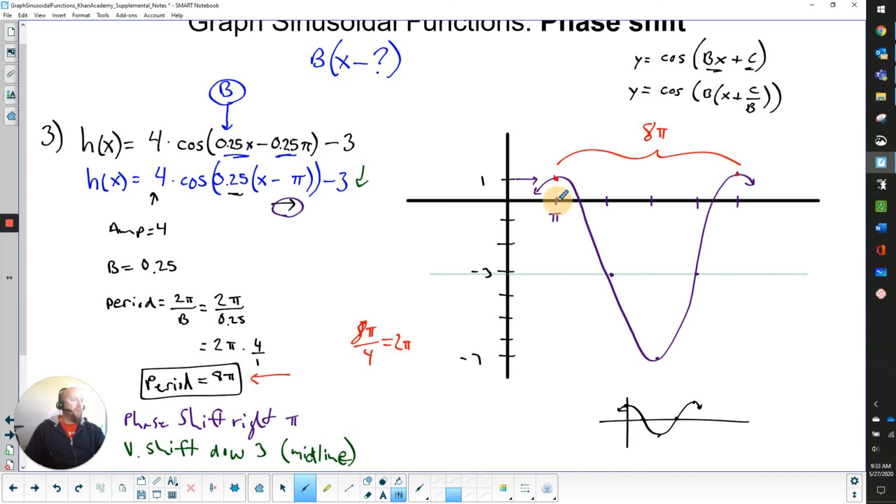So from pi plus 2 pi, that puts me at 3 pi. Then 2 pi more, that's 5 pi, then 7 pi, and the last one, plus 2 pi more, puts you at 9 pi.